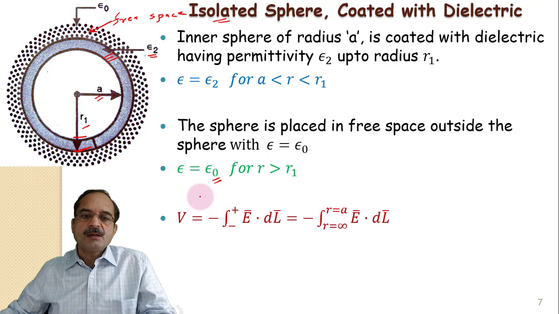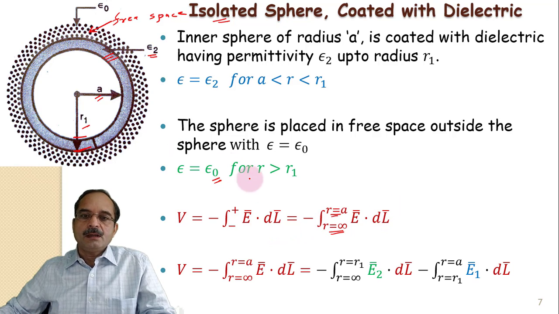So let us find out the potential for this capacitor by using the formula integral of E dot dl. The negatively charged sphere is located at r equal to infinity, and the positively charged sphere is at r equal to a. So substituting these limits here, r equal to a and r equal to b, E dot dl.